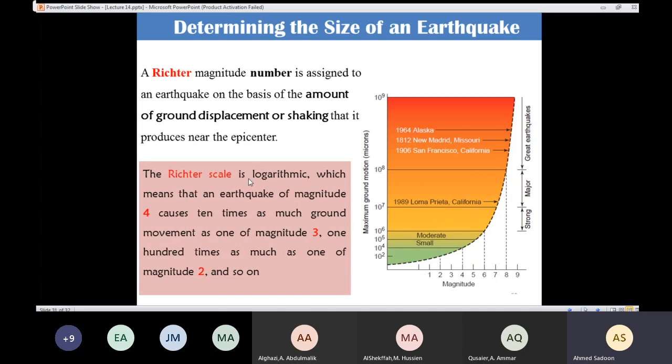Actually, the curve here is a logarithmic scale, which means that if you have an earthquake equal to 7, so if the Richter scale measures 7, it means that it would be 10 times larger than the scale of 6. Why? Because the measurements here depend on a logarithmic scale.